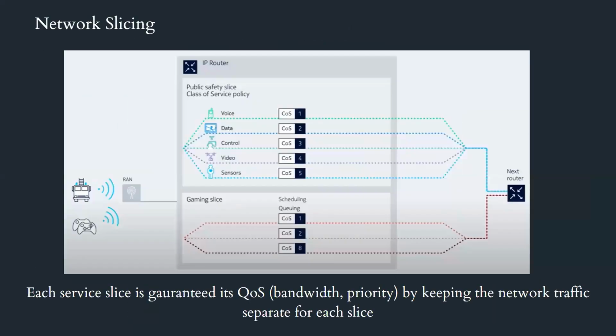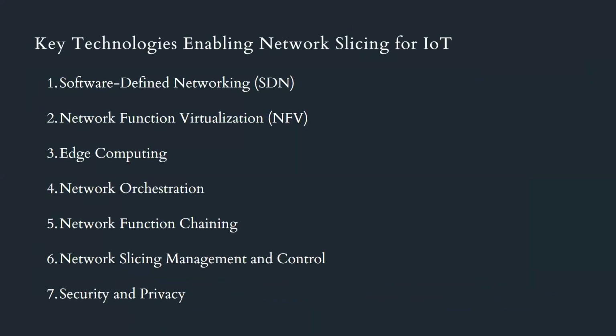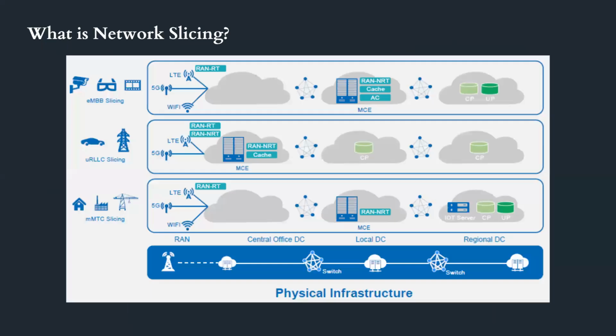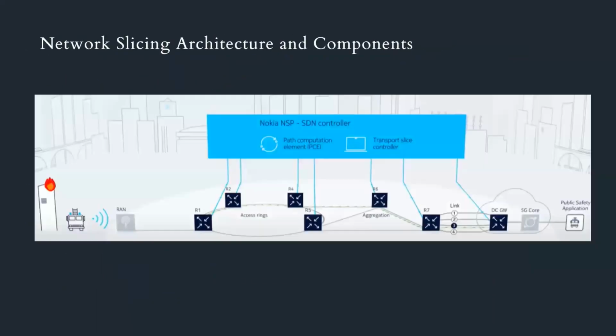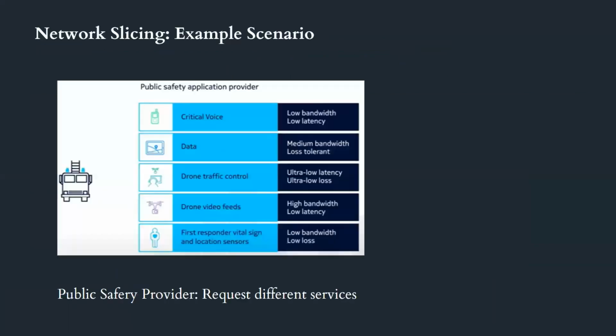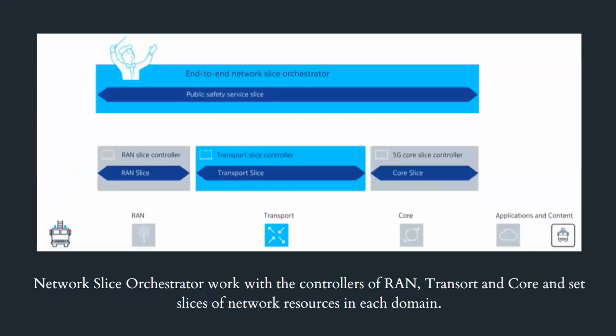In today's class, we discussed the basic architecture of network slicing and how network slices can be created. We discussed how network slicing is done at companies such as Nokia, and the step process that they follow to form those network slices.